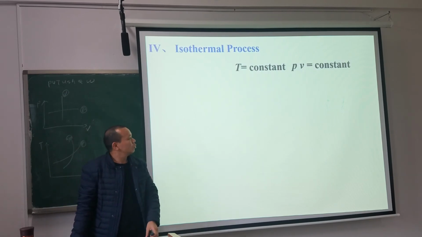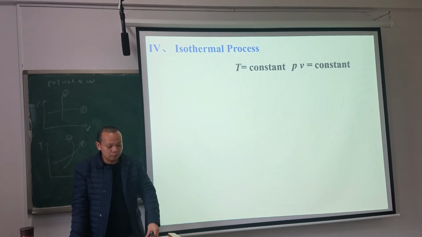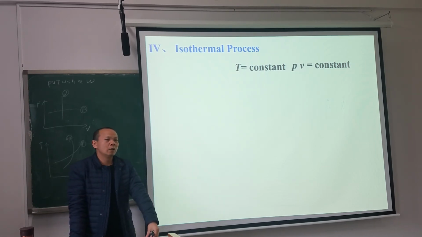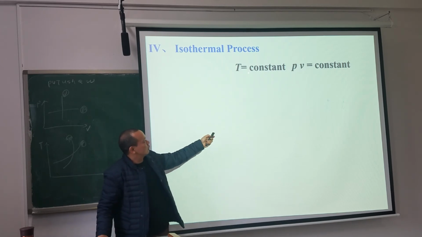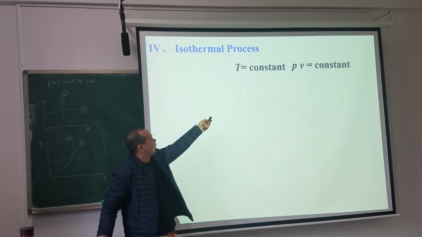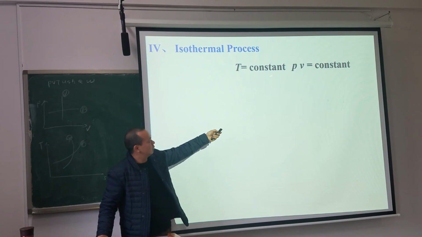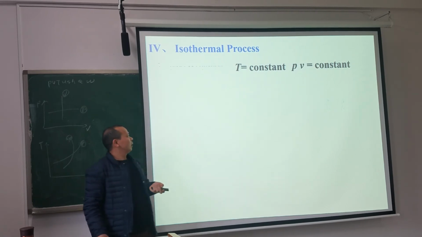Okay, let's go to the third topic, the isothermal process. We also call it constant temperature. Now we know T is constant, because PV is equal to nRT, and also PV is equal to a constant.